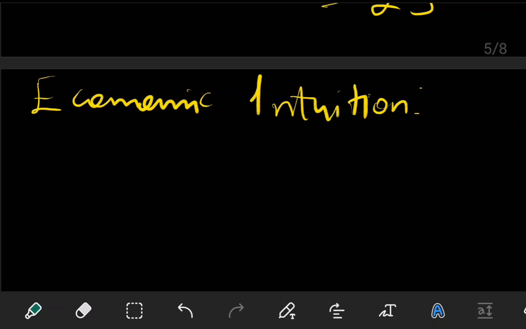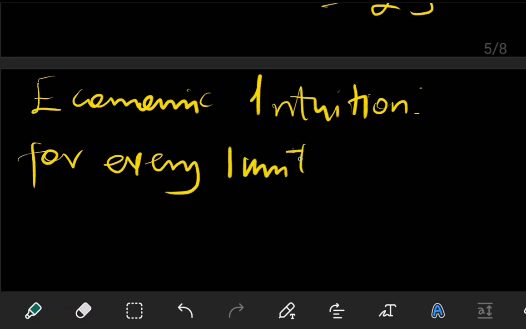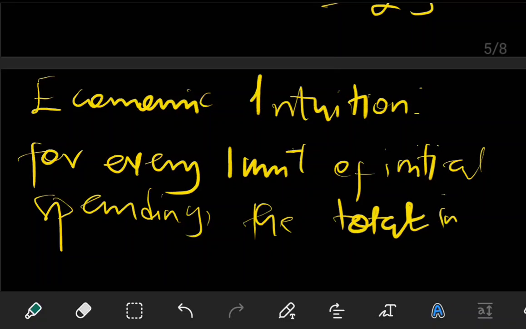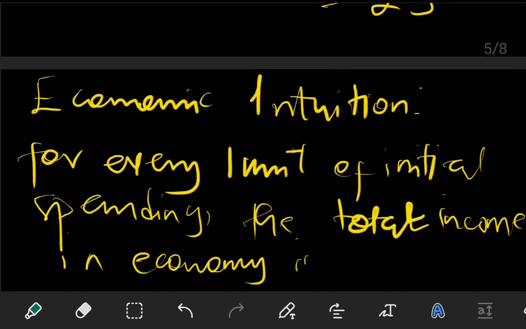Which means that for every 1 unit of initial spending, the total income in the economy increases.